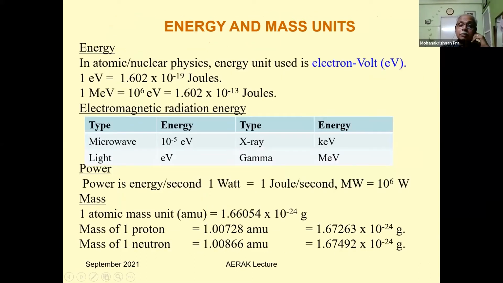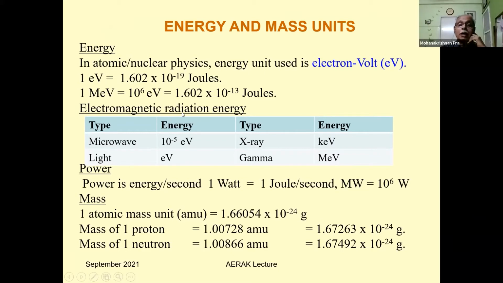This is important for us in this lecture: the energy. In atomic and nuclear physics, the energy unit used is the electron volt. 1 electron volt in more familiar units is 1.6 times 10 to the power of minus 19 joules. And 1 MeV is 10 to the power of 6 electron volts.